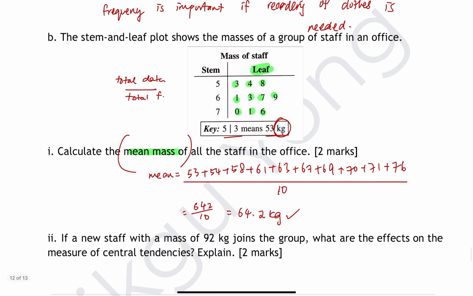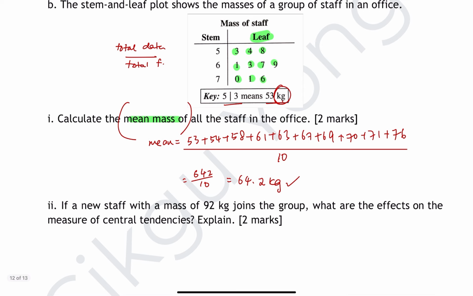Okay, number 2, if a new staff with a mass of 92 kilo joins the group, what are the effects on the measure of central tendency? So you can actually see this is about 5, 6, 7, and the maximum number you can get is around 76. But if 92 joins in, this is what we mentioned again, your extreme value.